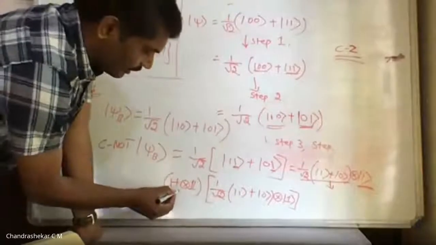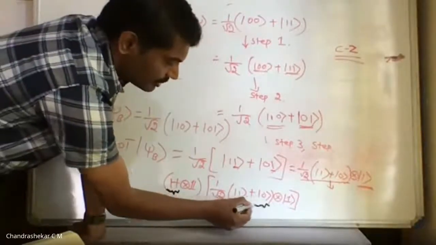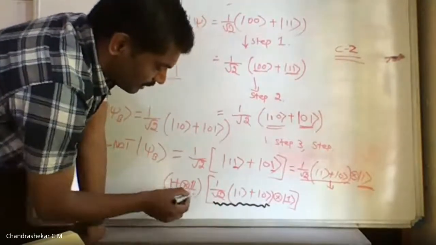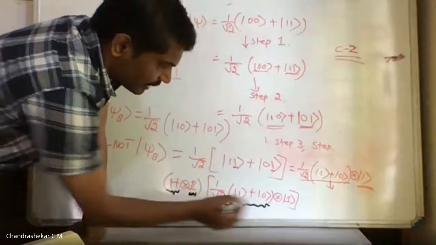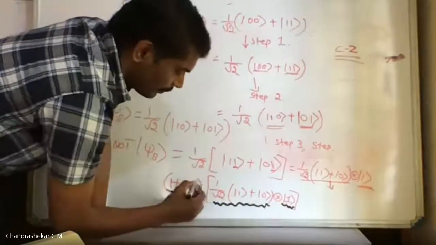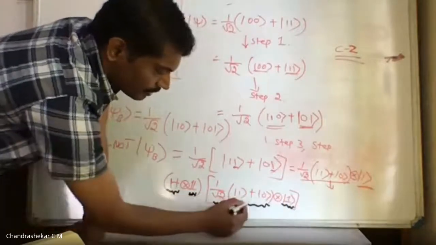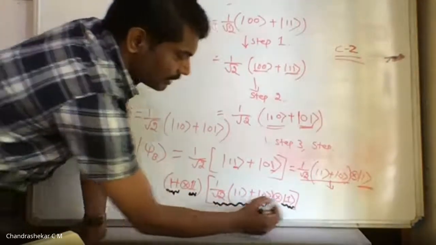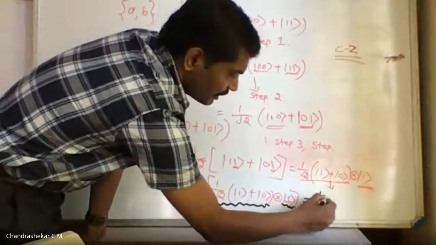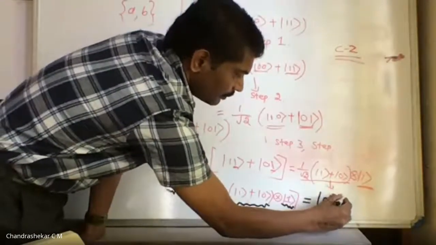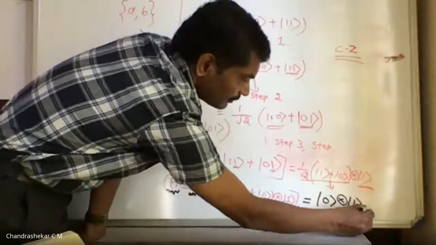This operator is acting only on the first qubit, and identity is acting on the second qubit. So nothing will happen to the second qubit, but on the first qubit you are applying a Hadamard operator, which means that becomes state 0 into state 1.